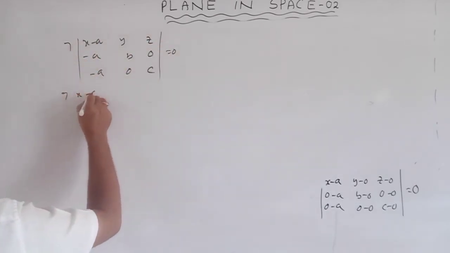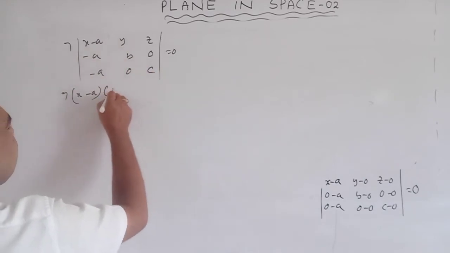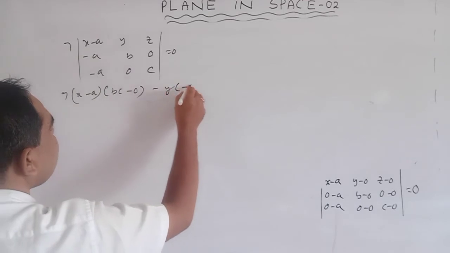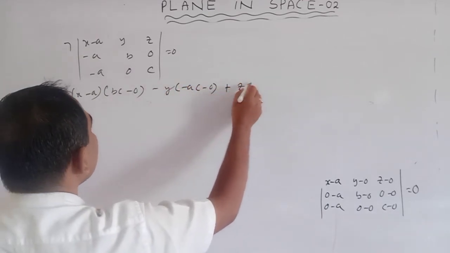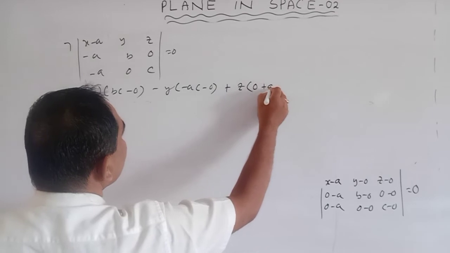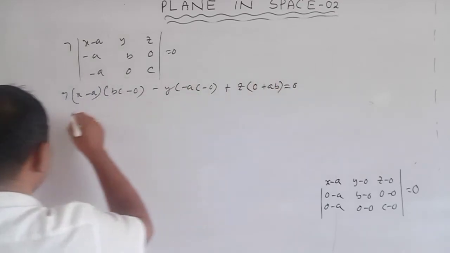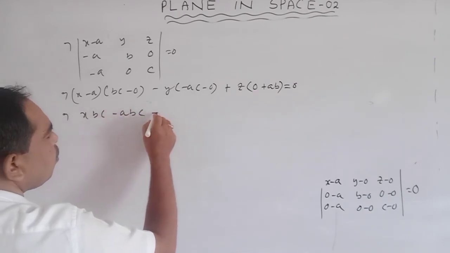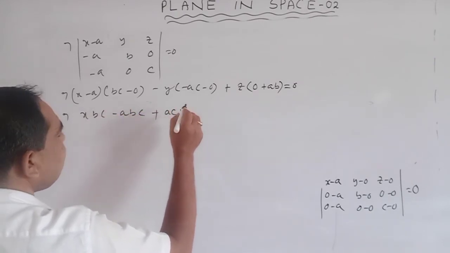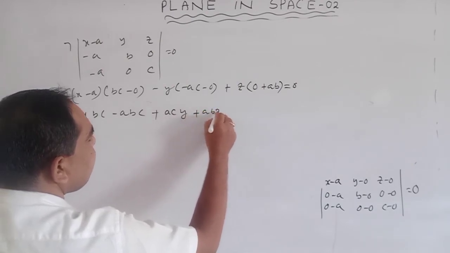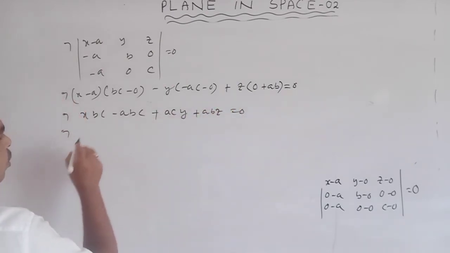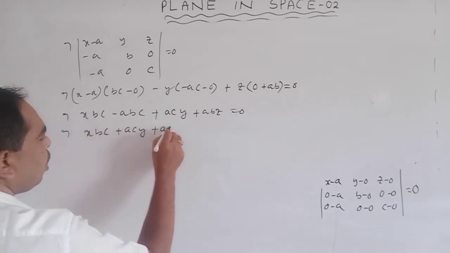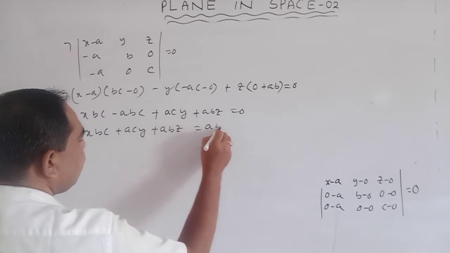So x minus A into bc minus 0, minus y into minus Ac minus 0, plus z into 0 plus Ab is equal to 0. And xbc minus Abc plus Acy plus Abz is equal to 0. This is xbc plus Acy plus Abz is equal to Abc.